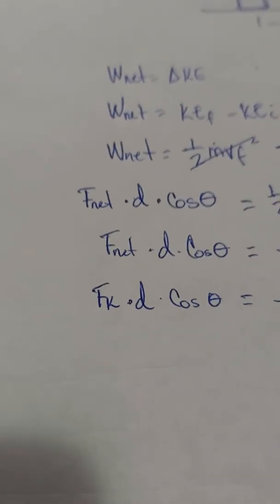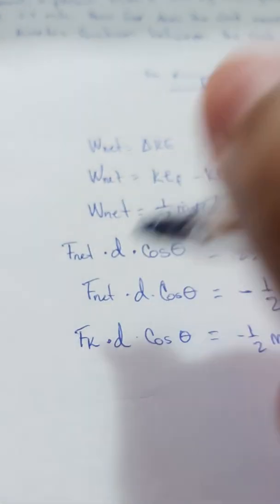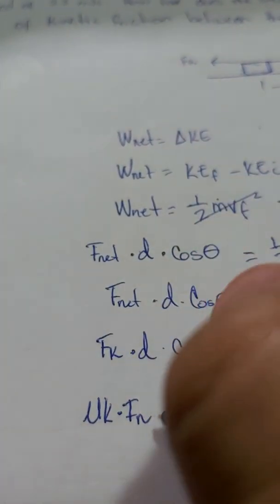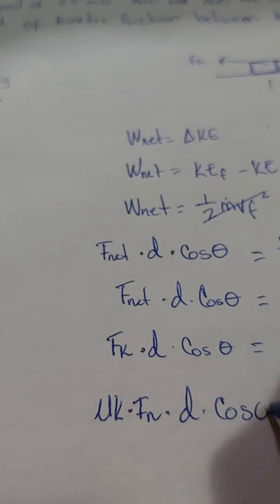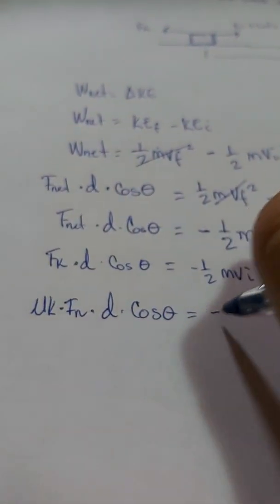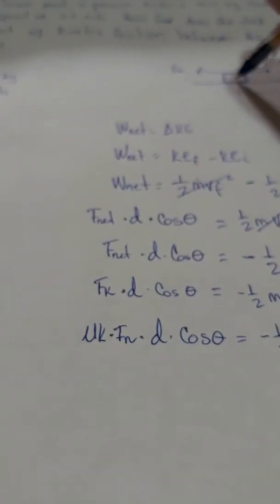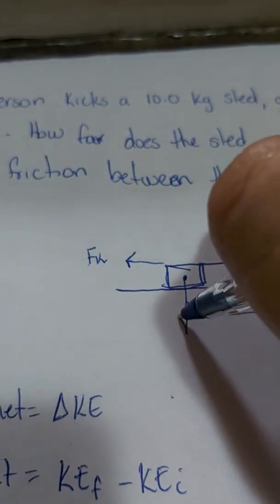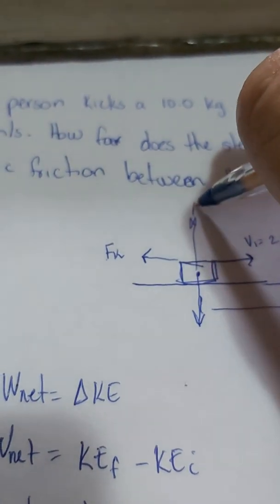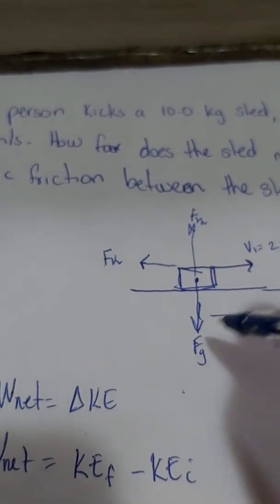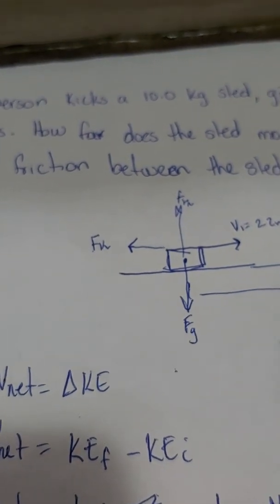Now from chapter 4, we learned that kinetic friction was equal to the coefficient of kinetic friction times the normal force times displacement times cosine of theta equals negative 1/2 mass times initial velocity squared. And normal force in this case equals the gravitational force.